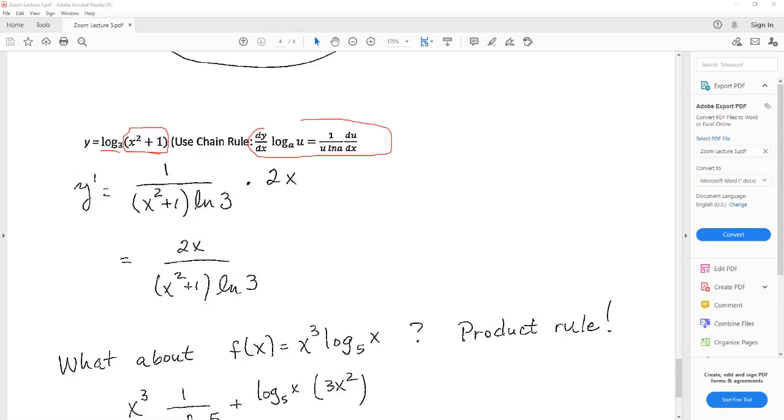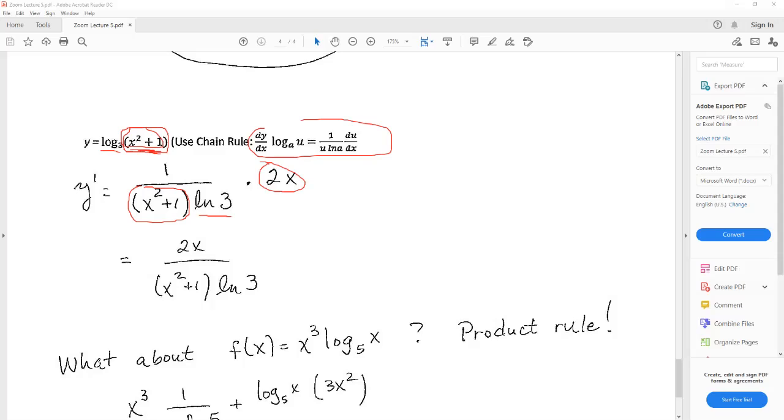Now the first part of the formula looks just like the previous problems, right? The derivative is 1 divided by the domain, which is x squared plus 1, times the natural log of the base, which happens to be 3. But again, since this is a function that's not equal to x, we have to multiply by the derivative of x squared plus 1.